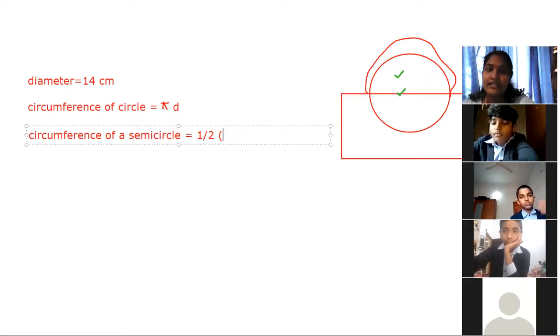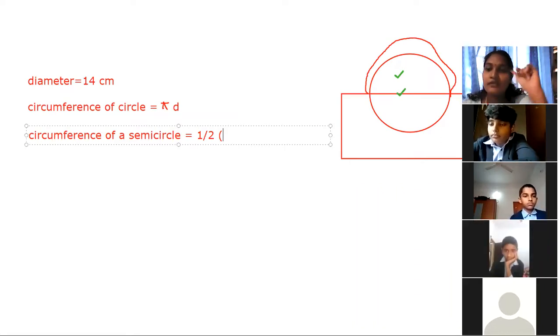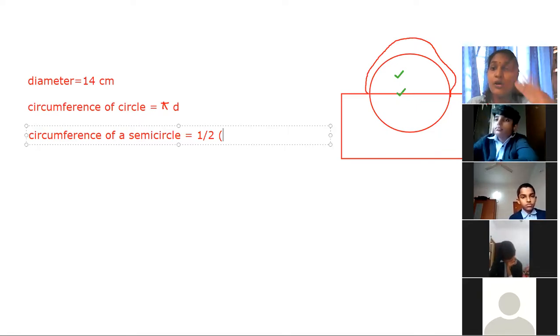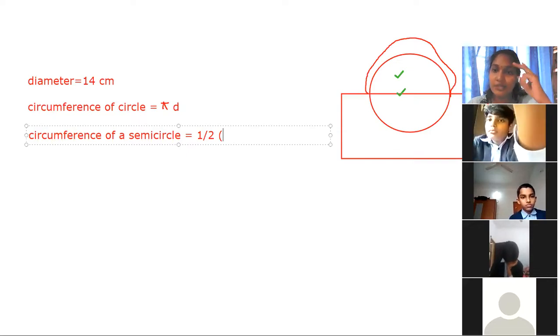Okay, in this case, we were given some semicircles only. There is not a circle, it's a semicircle. There we have 4 semicircles with the same diameter. Clear? Okay. Since it is a semicircle, to find the equation for the circumference of a semicircle, we have to divide it by 2.